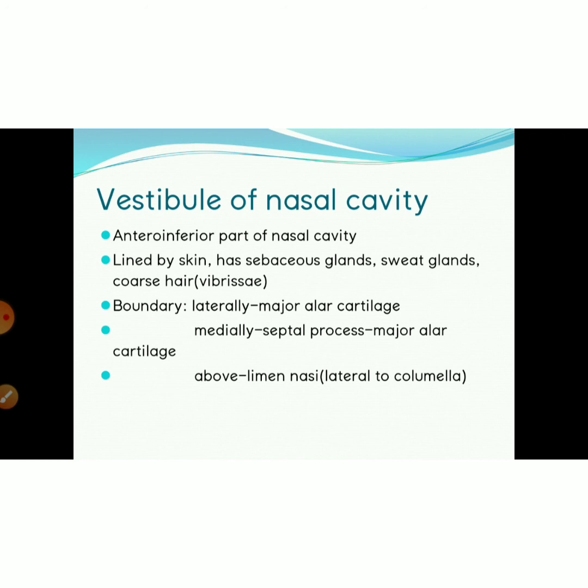It is lined by skin and contains sweat glands, sebaceous glands and coarse hair called vibrissae. The vestibule is bounded laterally by the major alar cartilage and medially by the septal process of the major alar cartilage. It is limited above and behind by the limen nasi, which is a curved ridge on the lateral wall of the nasal cavity, and it is bounded medially by the columella, which is mobile.